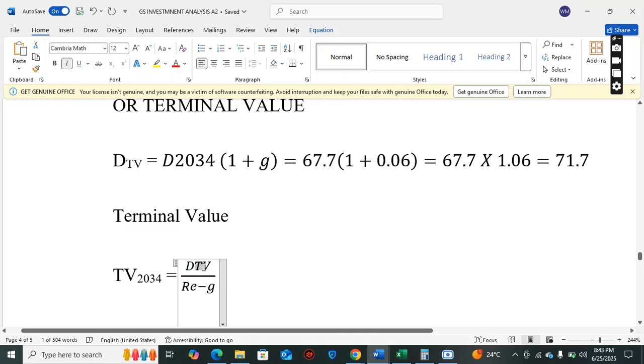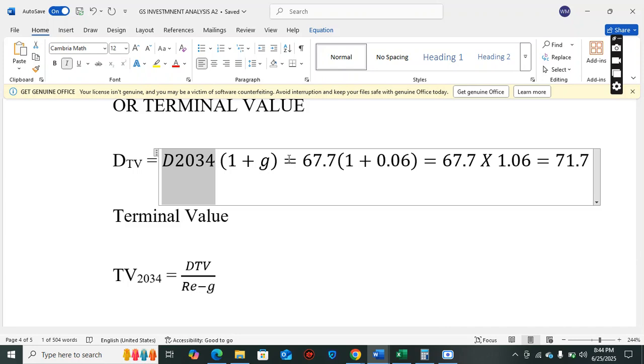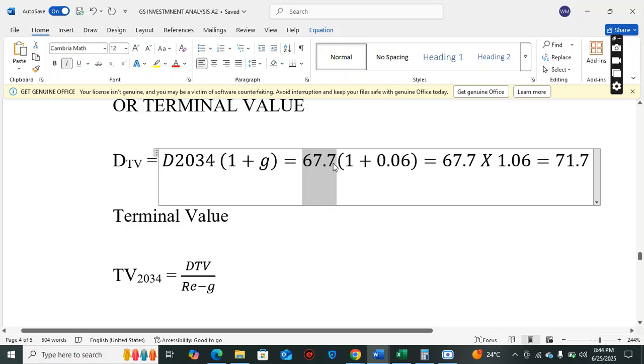To get our expected dividend for the terminal value, you get the dividend for the final year, which is 2034, and multiply it by the growth rate. The growth rate, as we were told, is 6% until infinity. So we multiply 67.7, the expected dividend for 2034, by 1.06, and we got our expected dividend of 71.7. Is that okay, madam?